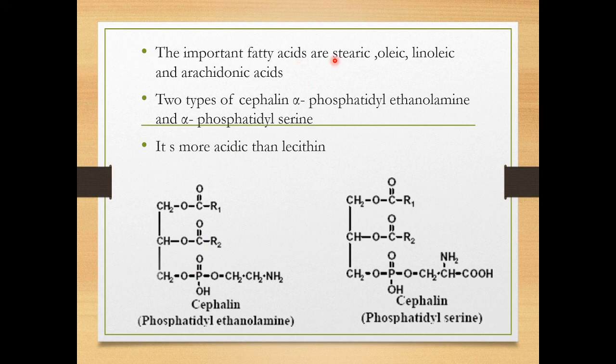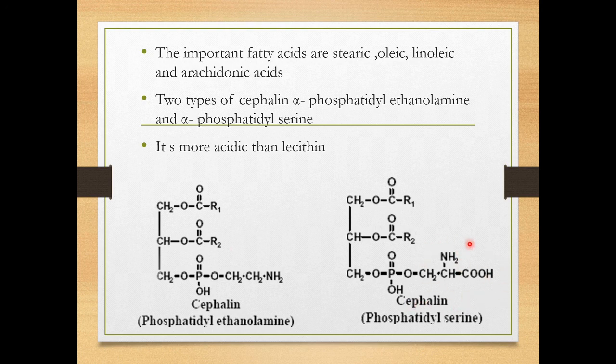The important fatty acids are normally palmitic acid, oleic acid, linoleic acid, arachidonic acid. There are two types of cephalin: alpha phosphatidyl ethanolamine and alpha phosphatidyl serine. So based on the groups attached with the phosphate, there are two types of cephalin. One is alpha phosphatidyl ethanolamine, that is this picture, and the other is alpha phosphatidyl serine.